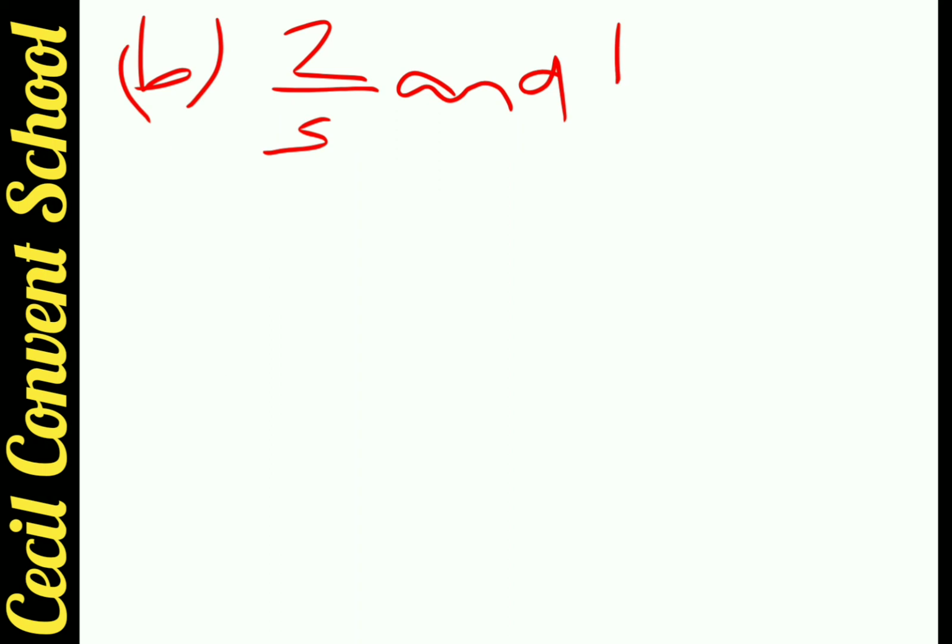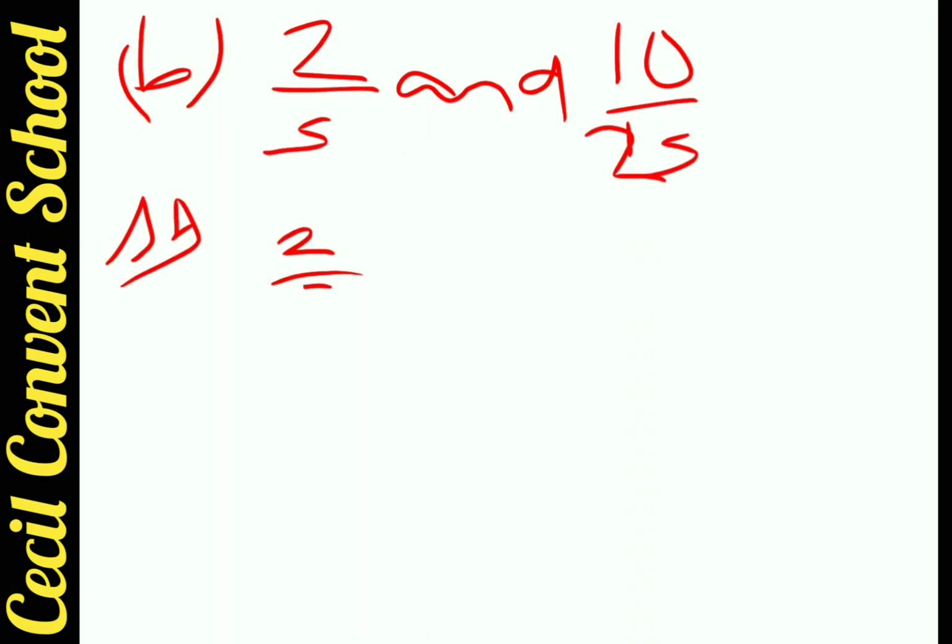B part is 2 by 5 and 10 by 25. So how do we write? 2 by 5, 10 by 25.